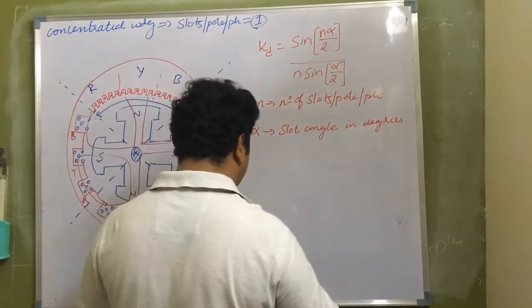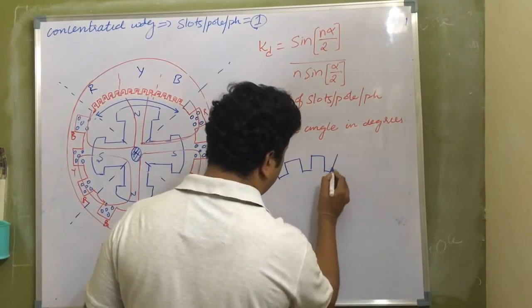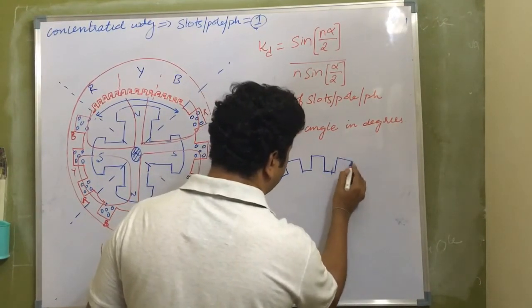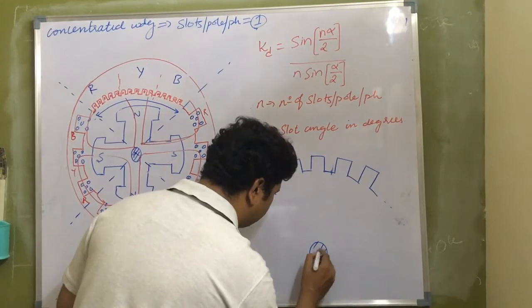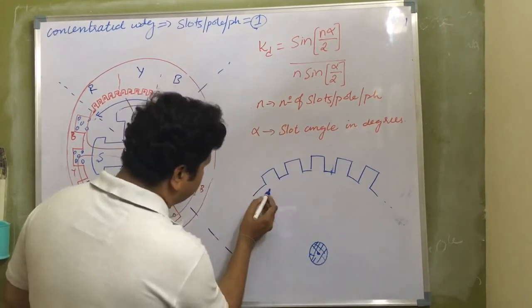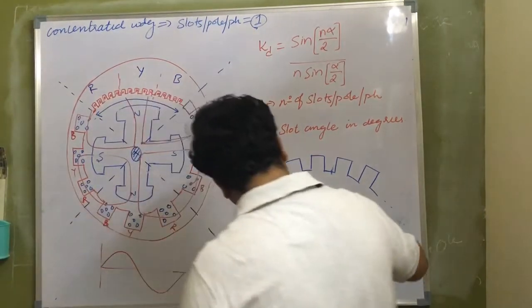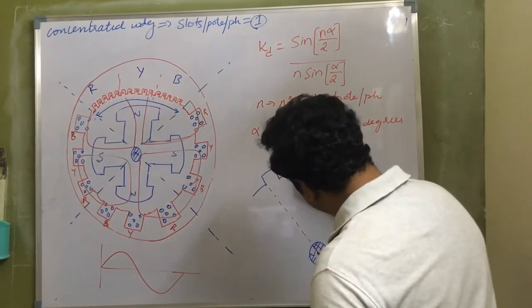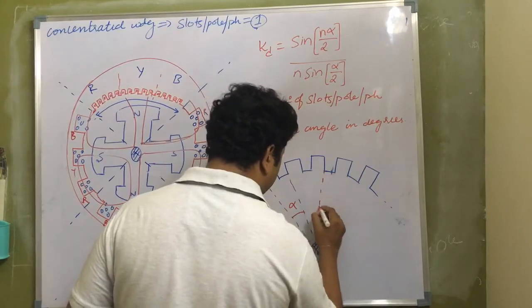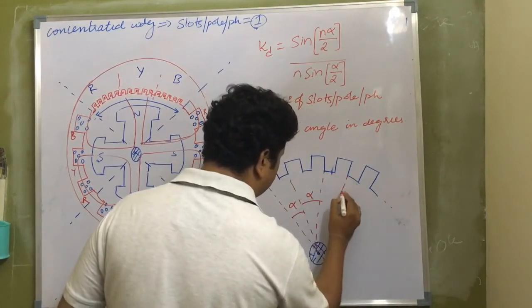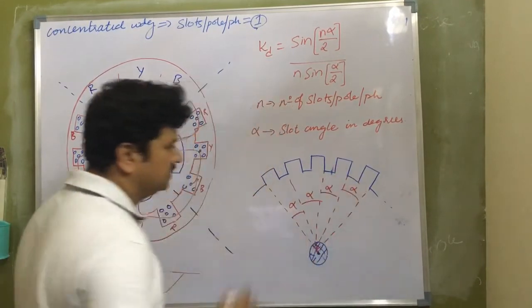For example, this is the shaft, so the slot angle is this. This is alpha, the slot angle.